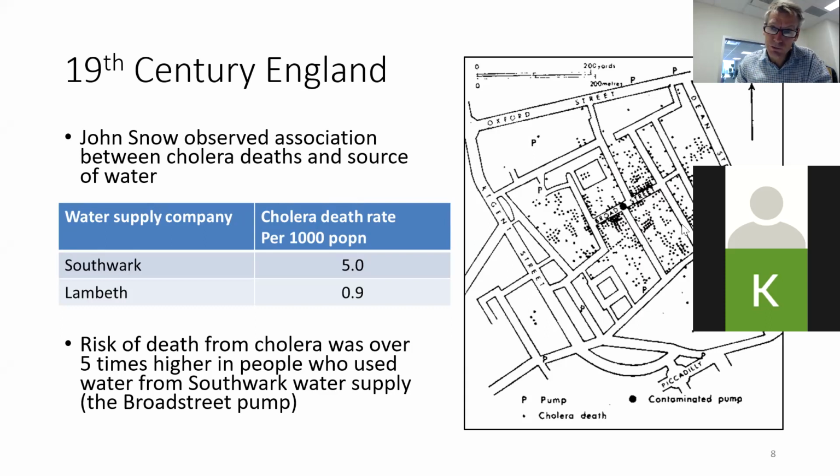John Snow mapped, just drawing this map, where people came from who died of cholera. And what was striking is that the deaths were not evenly distributed, and the deaths were heavily concentrated around this street. Most of the people who died were from this street.